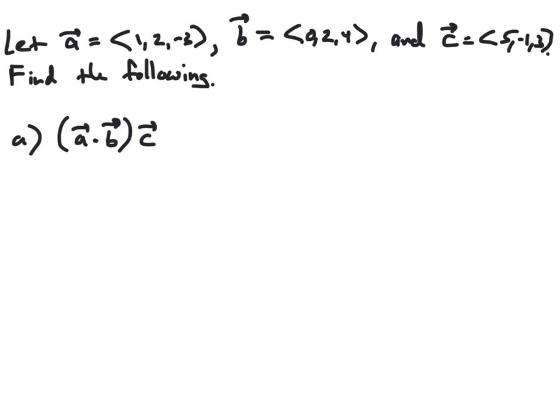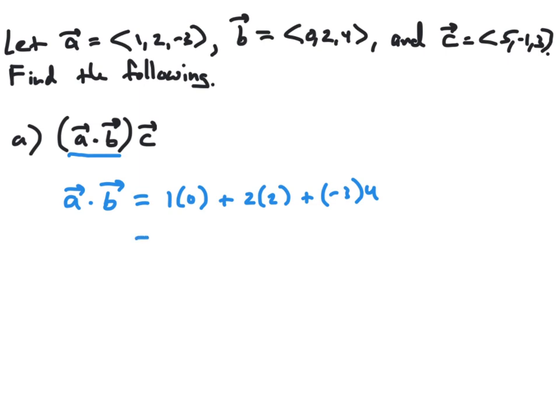First, we'll find the value of (A dot B) times C. A dot B is a scalar, and so here what we're ultimately going to do is find a scalar multiple of C once we have the appropriate scalar given by A dot B. So our first step is to find the dot product of A and B. Using the component forms that were given, this dot product will be 1 times 0 plus 2 times 2 plus negative 3 times 4.